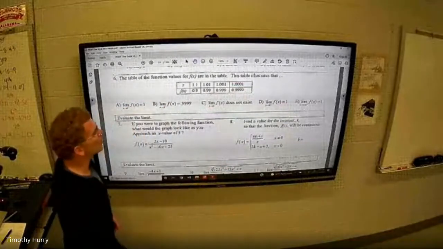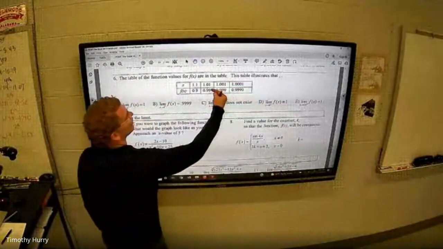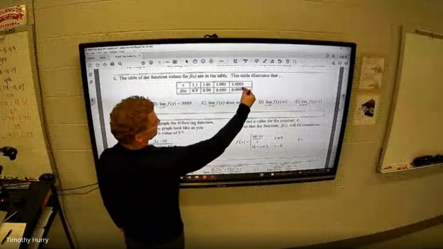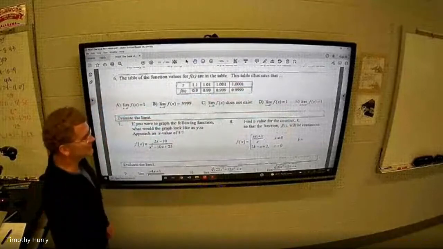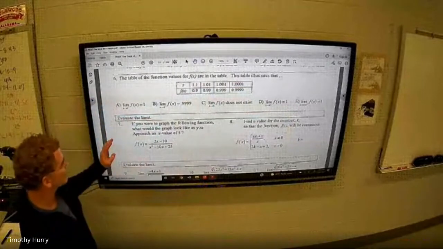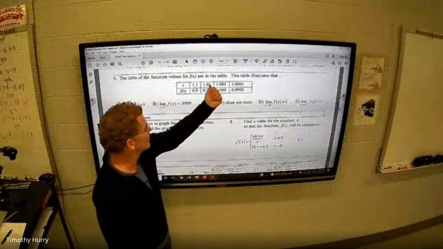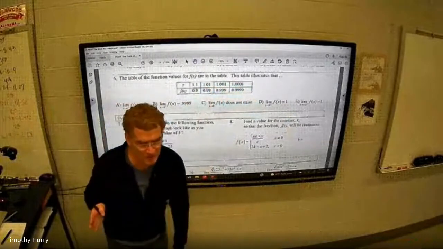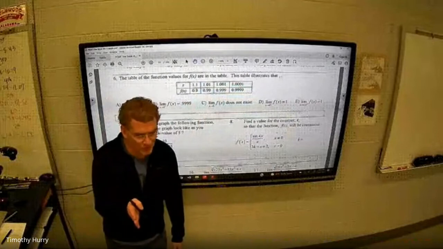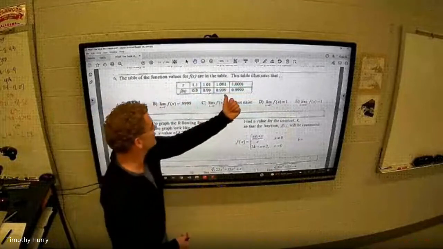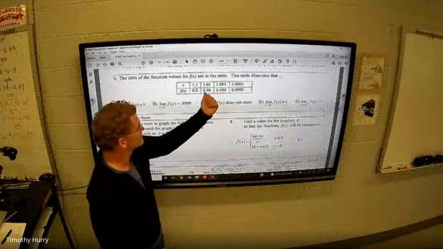Now you could argue that I'm approaching 1.1 from the what? From the left. But then I would be getting what? For those of you who say, well, if you read it this way, I'm approaching 1.1 from the left side, right? 1.001, 1.01, 1.1, 1. Like I'm getting closer to 1 from the left. But then what would my y value be coming? 0.9.